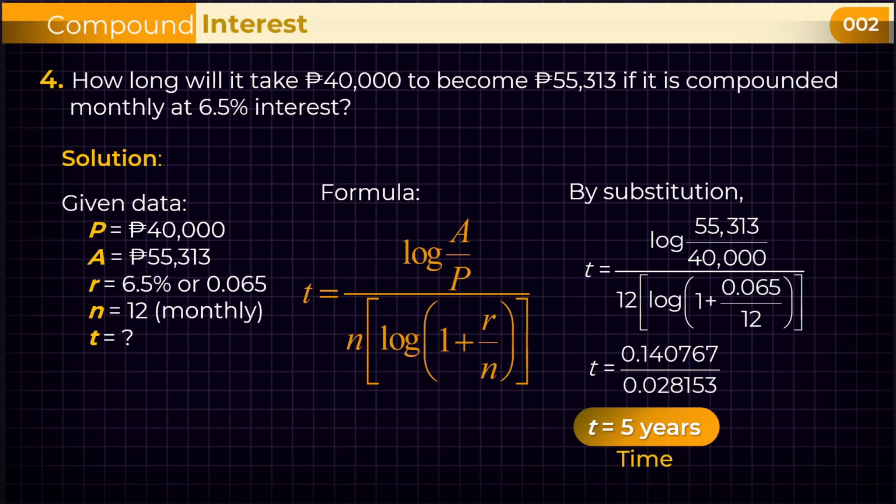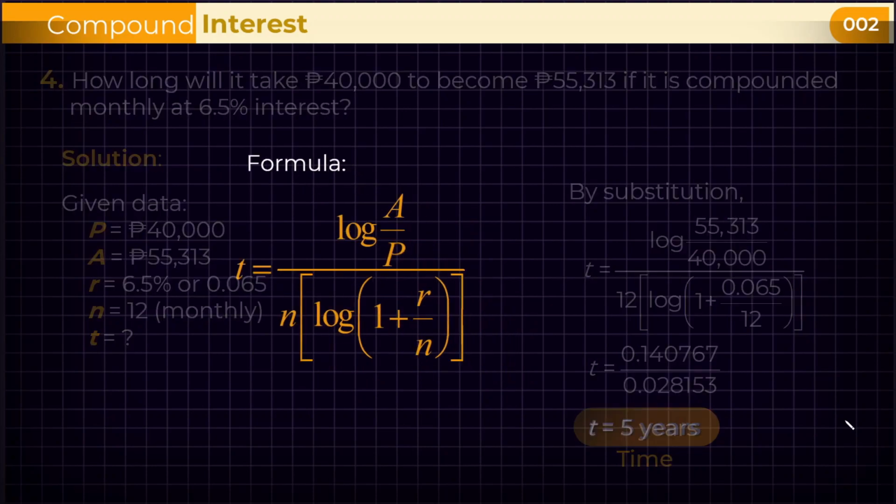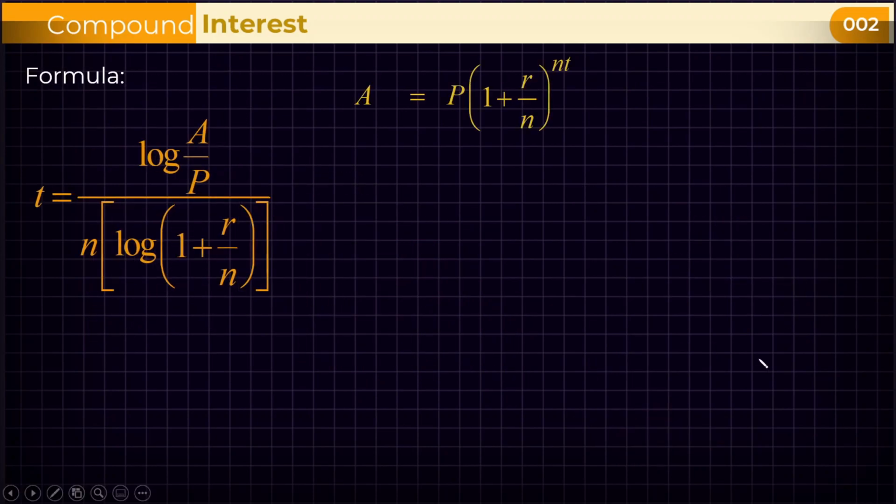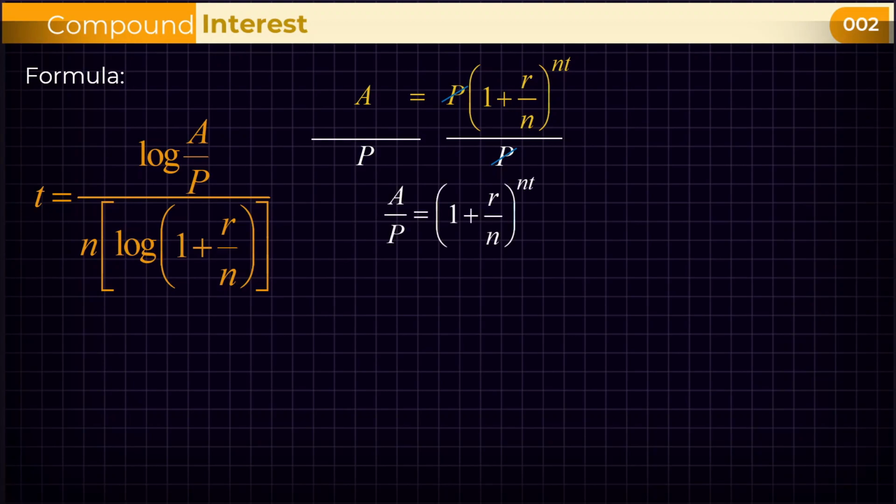Time is 5 years. I wish to show how we were able to derive this formula from the original formula for future value, which is A is equal to P, the quantity 1 plus r over n raised to the nt. Here, just as usual, we divide both sides by P, so that what remains on the right side of the equation is the quantity 1 plus r over n raised to the power of nt, while on the left we have A over P. From there, we apply the concept of logarithms.